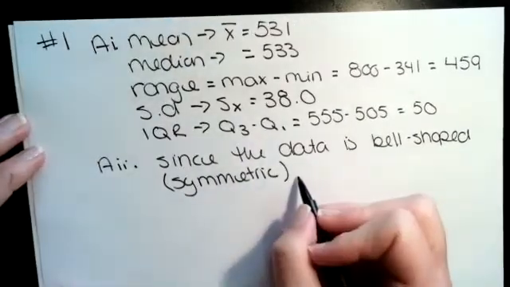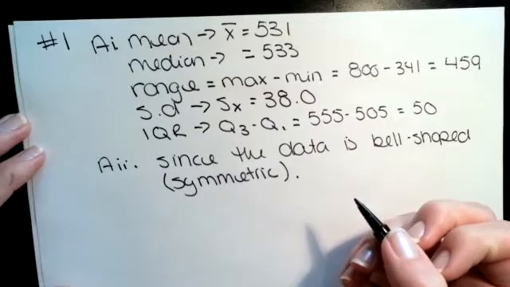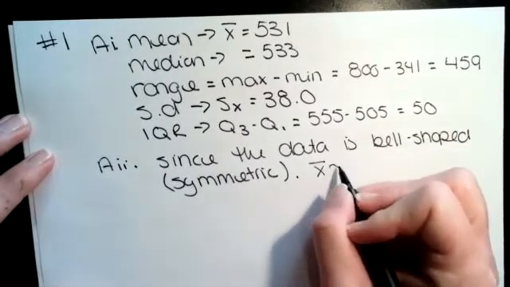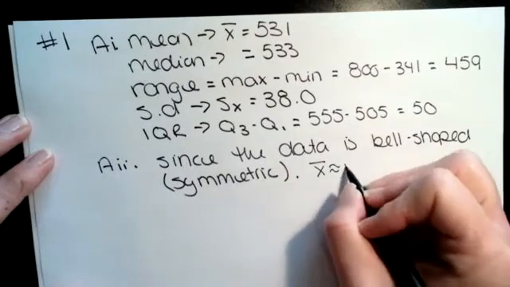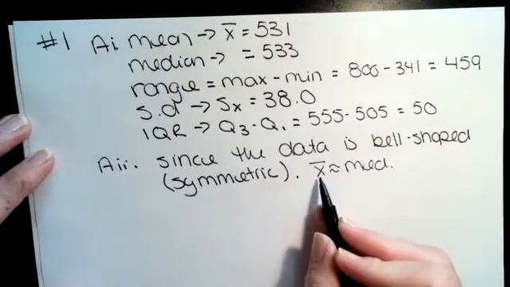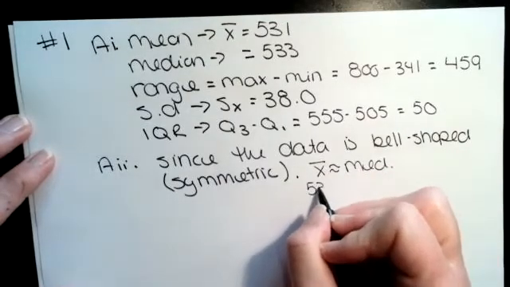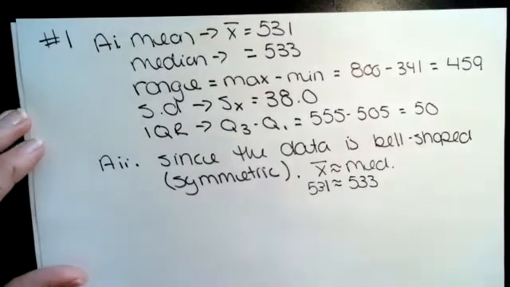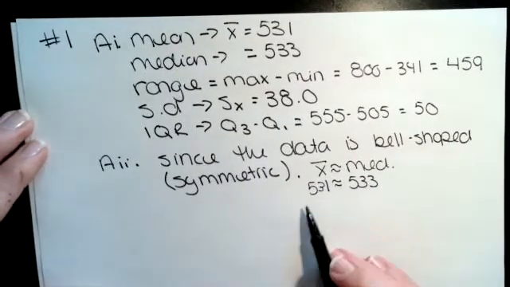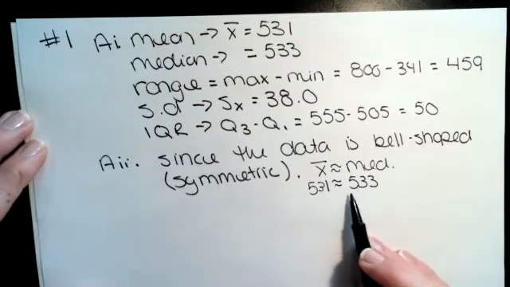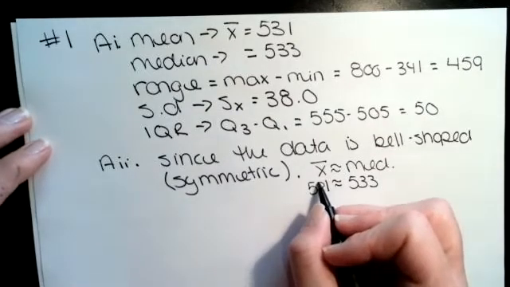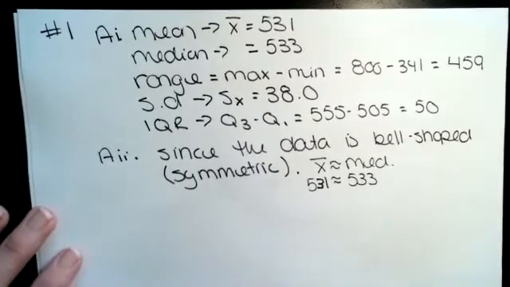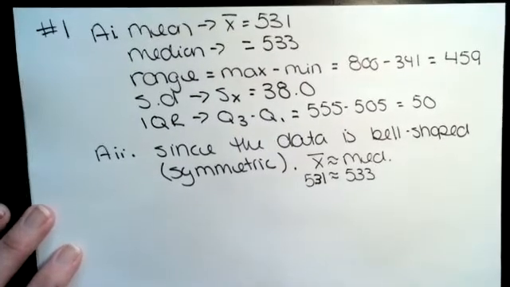And the reason why we know that it's bell-shaped or symmetric is because the mean, X bar, is almost the same as the median, right? The mean is 531, and that is almost the same as the median of 533. They're fairly close. When we have a symmetric data set, the mean and median are almost the same. Remember, this is stats, so we could say they're the same if they're just similar. They're close to one another. Okay, that's how we know it's symmetric.